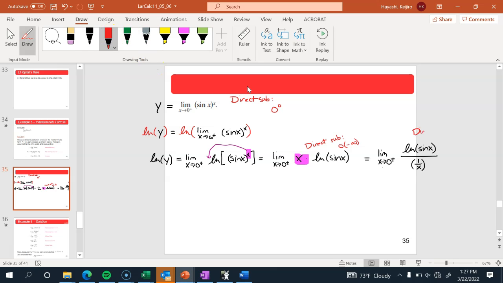This way, if we directly substitute, the top will be the same negative infinity as before, but the bottom, 1 divided by something that's approaching 0, is going to approach infinity. And written like that, that is good to go for L'Hopital's rule.